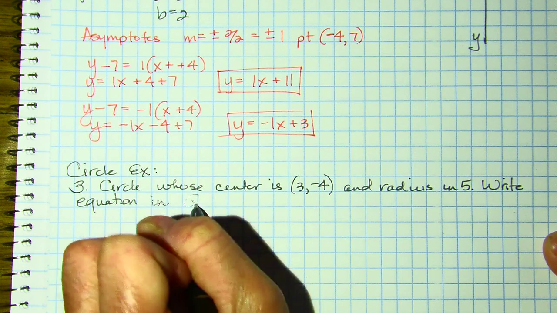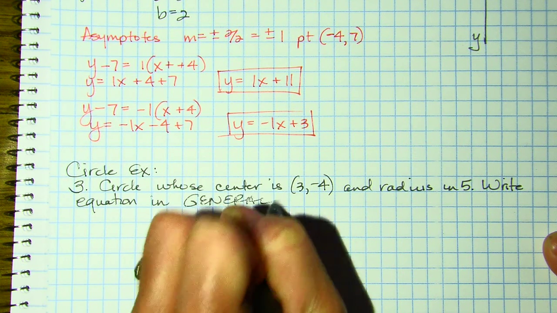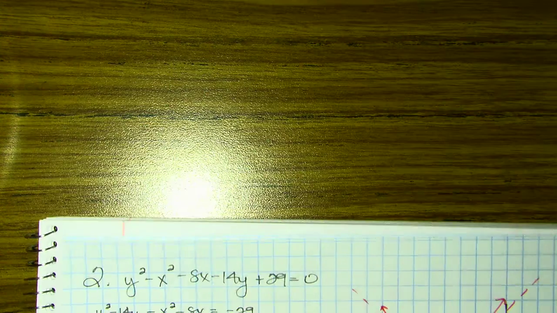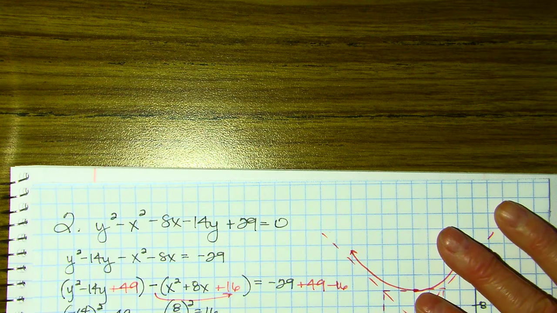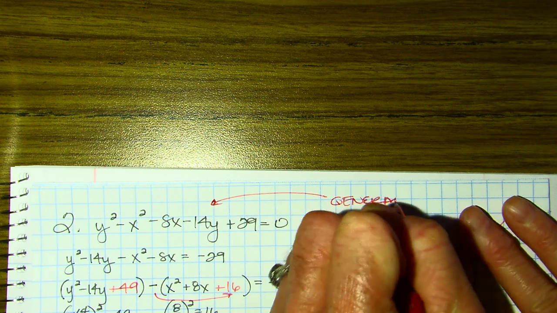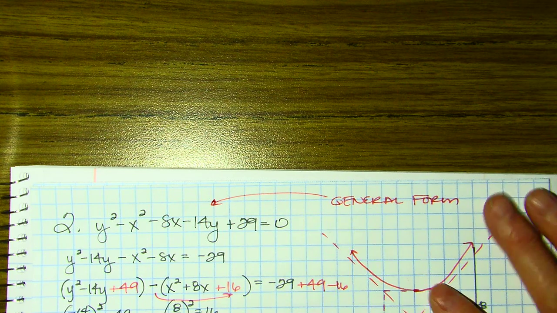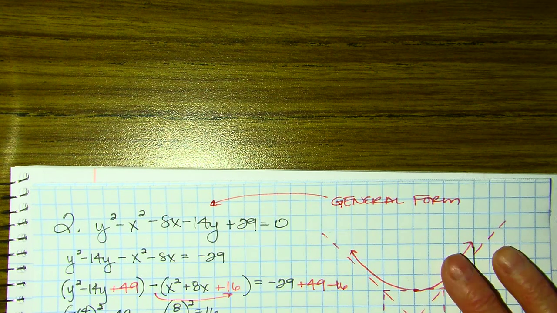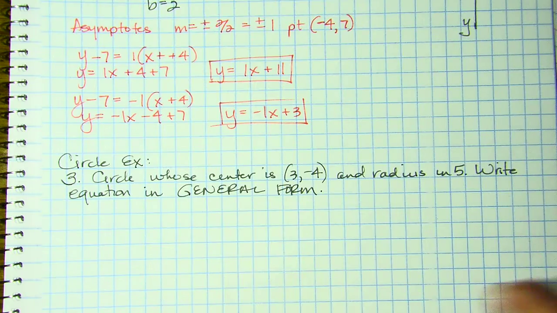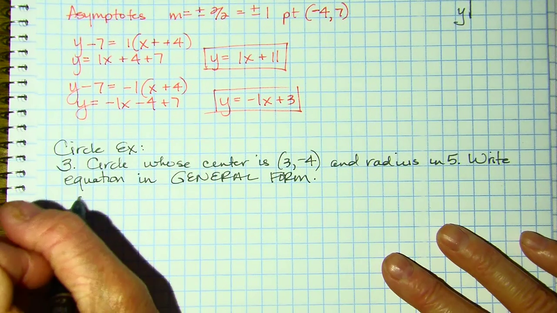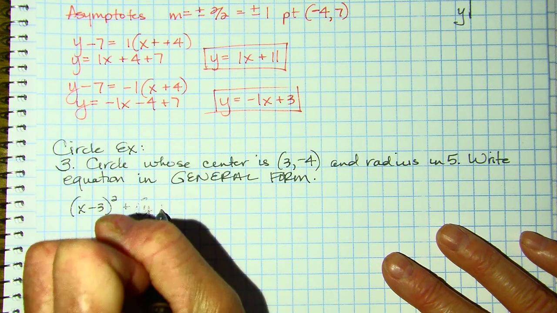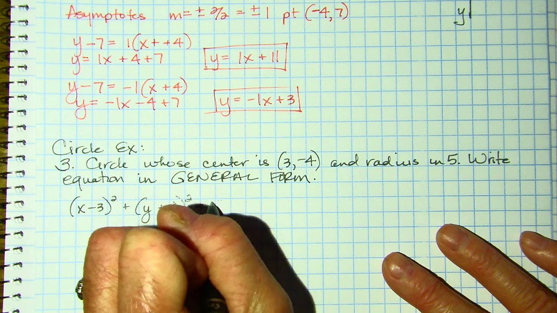in general form. So general form is when you have no parentheses. General form is this. This is general form. Okay, so when you, sorry, my G looks like a Q. When you think of general form, think of no parentheses. Standard form has parentheses. So I have to start with standard form. So x minus 3 squared plus y plus 4 squared equals 5 squared.